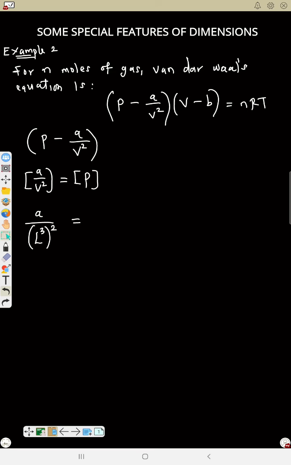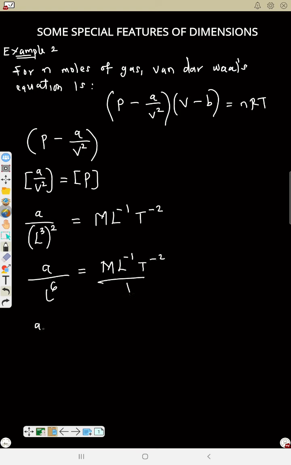You can work that out yourself, or check the previous video. So the dimension of pressure is M L raised to power minus 1, T raised to power minus 2. That means the dimension of A over V squared must be equal to the dimension of pressure. So we have A over L raised to power 6, because we multiply 3 times 2, 6, is equal to M L raised to power minus 1, T raised to power minus 2.